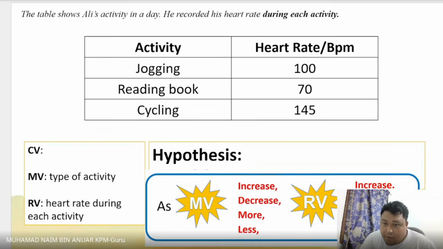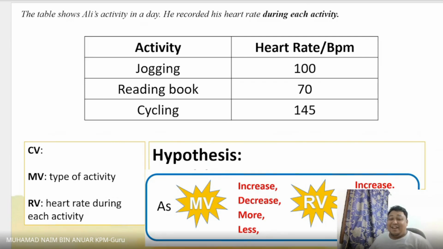Yes, the more intense the activity, the more heartbeat. Yes, correct. You use the word more. Good. As the activity becomes more intense, the heart rate increases. Correct. The more intense, yes, almost the same.